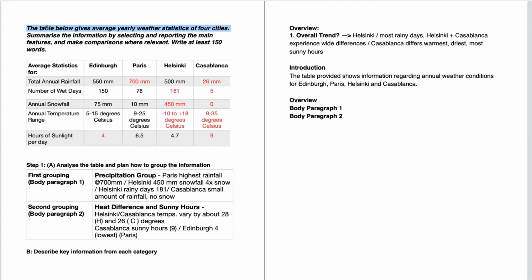So instead of saying the table below, I've said the table provided. Instead of saying gives average yearly weather statistics, I've said shows information regarding annual weather conditions. So you want to use different words when you can. This will show the examiner that you are able to utilize your vocabulary and that you can come up with synonyms. So with that being done, let's go ahead and move to our overview paragraph.